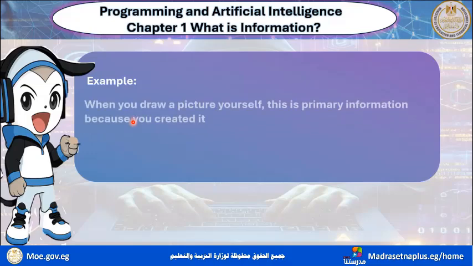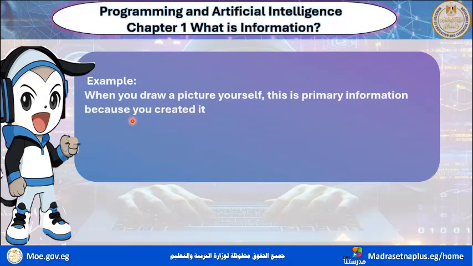Check here the examples that I brought you. When you draw a picture yourself, this is primary information because you created it. Example 2, experimental reports, survey results. So you write them down by your hand, by yourself.